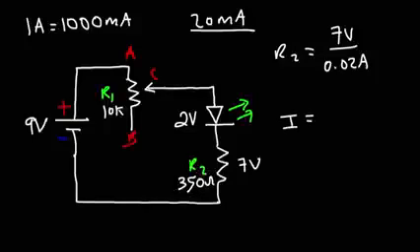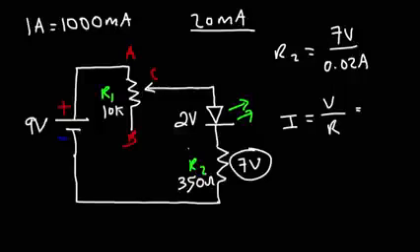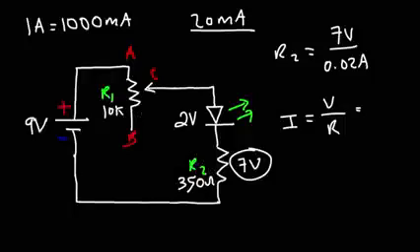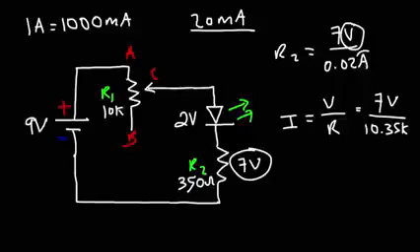So the max current, which will be voltage divided by resistance, we're going to have 7 volts across these two resistors equivalently if this goes up to 10K. So the total voltage across the two resistors will be no more than 7 volts due to the 2-volt drop of the LED. And the total resistance is 10.35 kilo ohms. Now remember, if you divide volts by amps, you get the resistance in ohms.